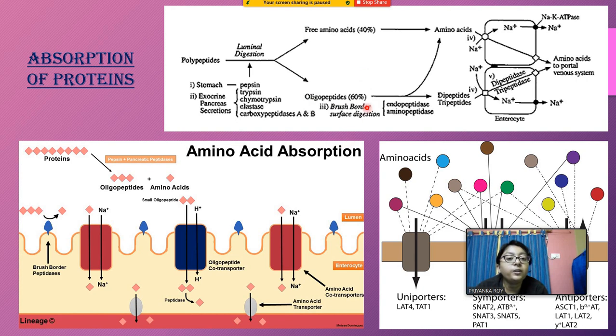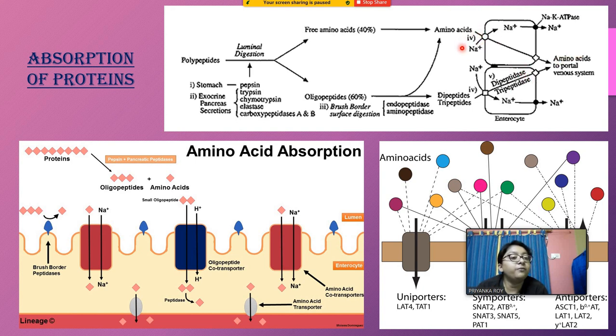Again, the brush border enzymes then come into action, like endopeptidase and aminopeptidase. They are working on them, and therefore oligopeptides are also converted to free amino acids. Some oligopeptides are however converted into dipeptides and tripeptides, which by sodium symport enter the cells, and then dipeptidase or tripeptidase enzymes work on them and convert them into free amino acids.